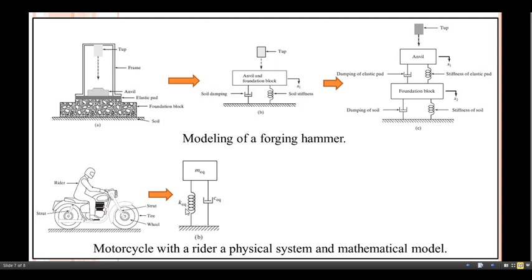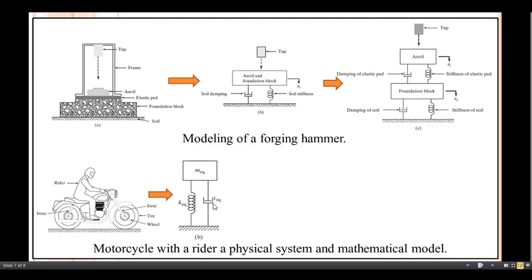So equivalent stiffness is nothing but, considering the various things involved in the picture, the stud, the wheel, and the tire, the stiffness provided by all these parts. That K term indicates K equivalent, the equivalent stiffness of all the stiffness terms available in the system.